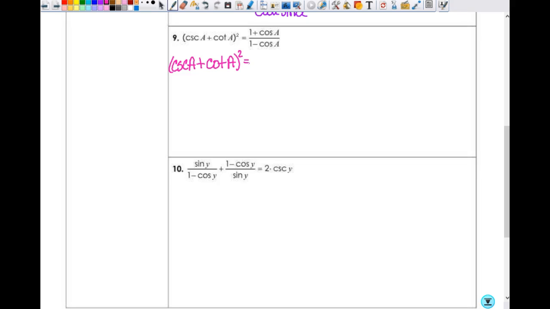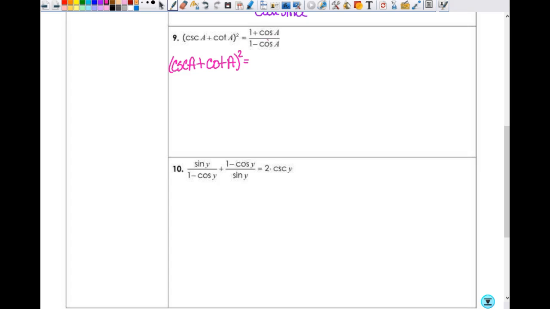If I picked either one of those, or just think, if I multiply the numerator and denominator together right now, what special case is that? What's it called? If I multiplied them together, which is not a legal thing to do, I'm just saying if I have to choose one of the two things, it's going to be multiplied. So it's a difference of squares, right? Like x plus 2, x minus 2, that's a difference of squares.